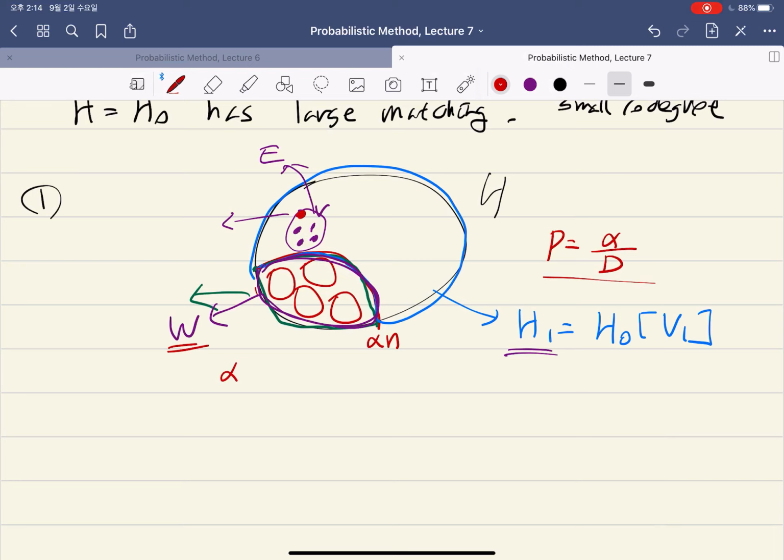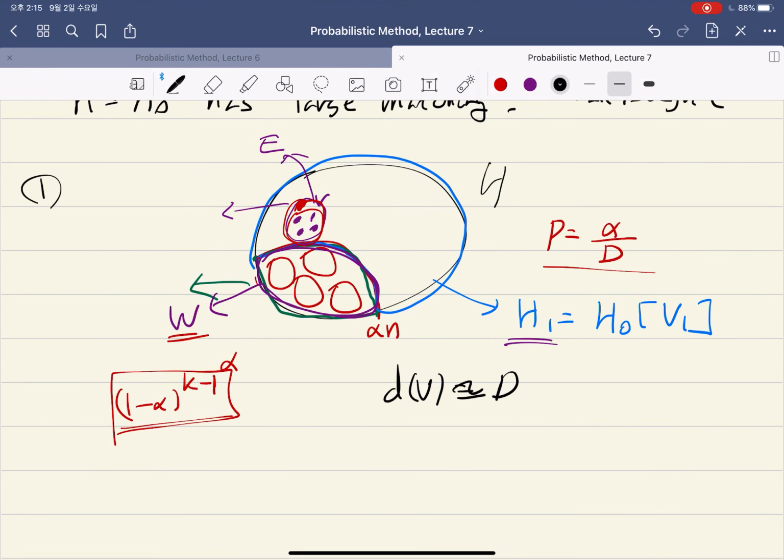The other k minus 1 vertices survive, meaning they are not in W, with this probability. So initially the vertex has degree roughly D, and after this we can show that it is roughly (1 minus alpha) to the k minus 1 times D.